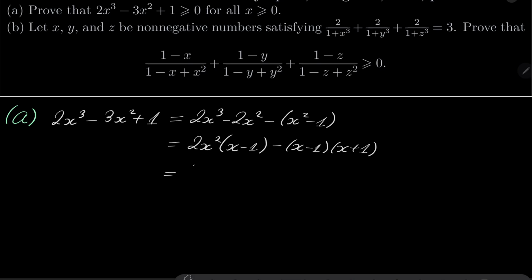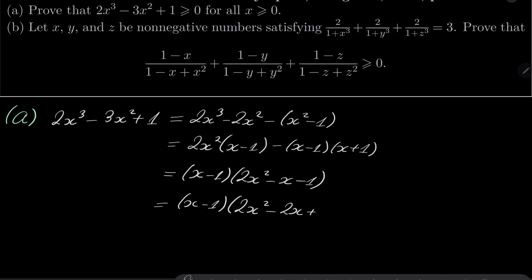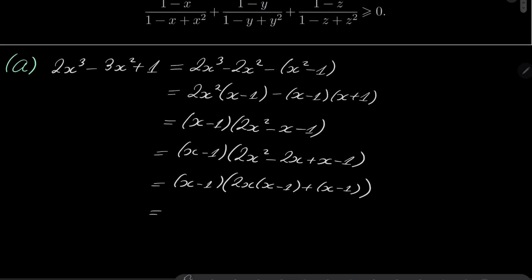Alright, so we have a common factor, x-1, and we have 2x^2 - x - 1. And let's factorize the second parenthesis. I will write 2x^2 - 2x + x - 1. So I have (x-1)(2x(x-1) + (x-1)). So I have (x-1)^2(2x+1).